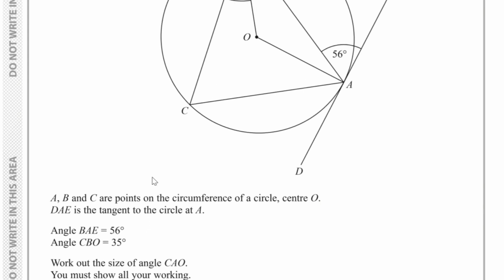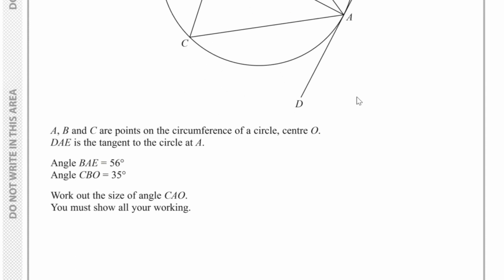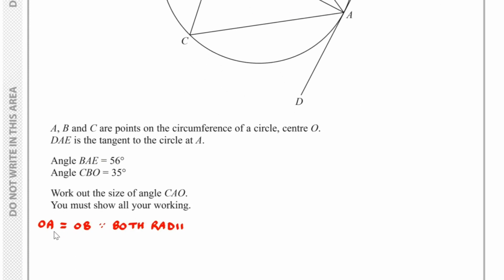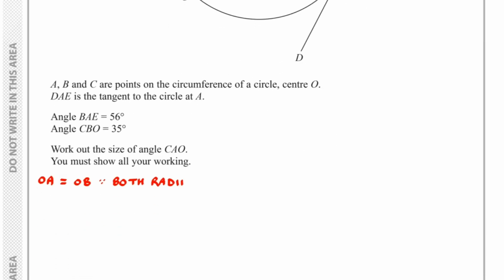So first of all, we can see over here that OA and OB are both equal to each other because they are both radii. Because they are both radii, going from the centre to the circumference, that means the triangle AOB is isosceles.